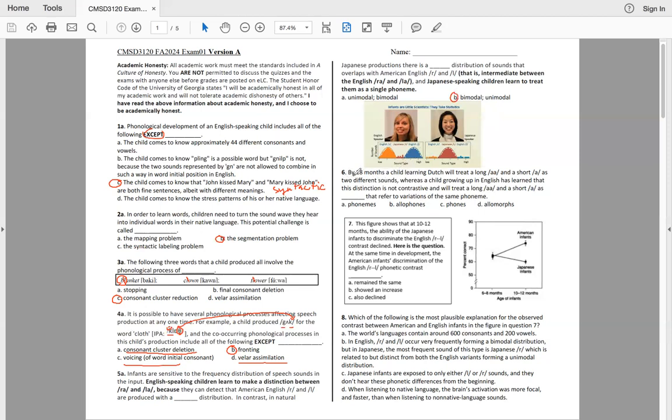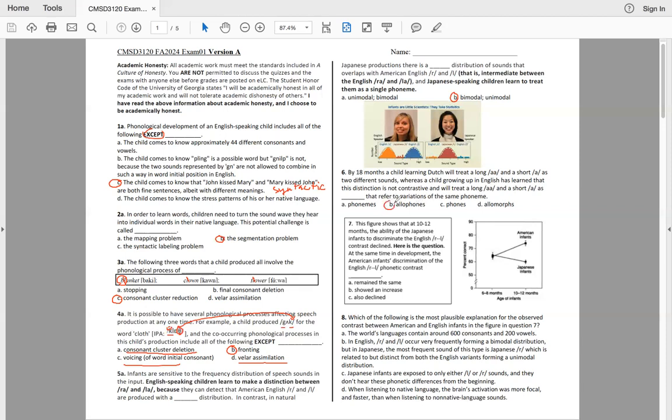6. By 18 months, the child learning Dutch will treat a long vowel and a short vowel as two different sounds, whereas a child growing up in English has learned that this distinction is not contrastive and will treat a long vowel and a short vowel as allophones.